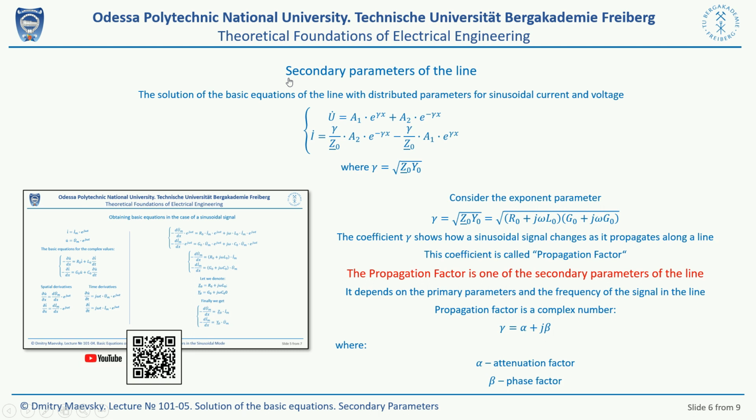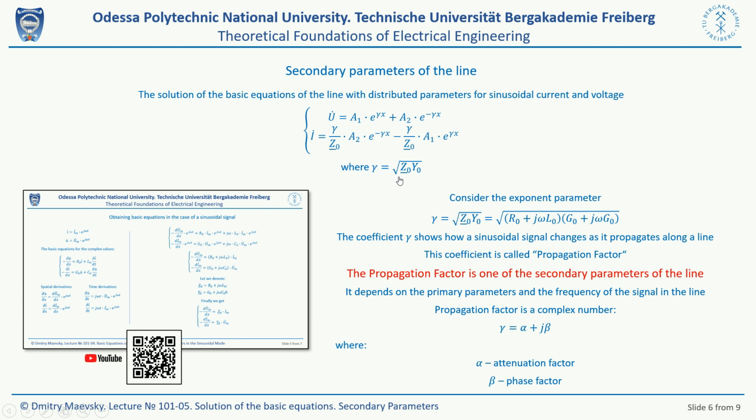Firstly, let's pay attention to the exponent of the exponential function, which is included in the expressions for current and voltage. We denote this exponent by the letter gamma.